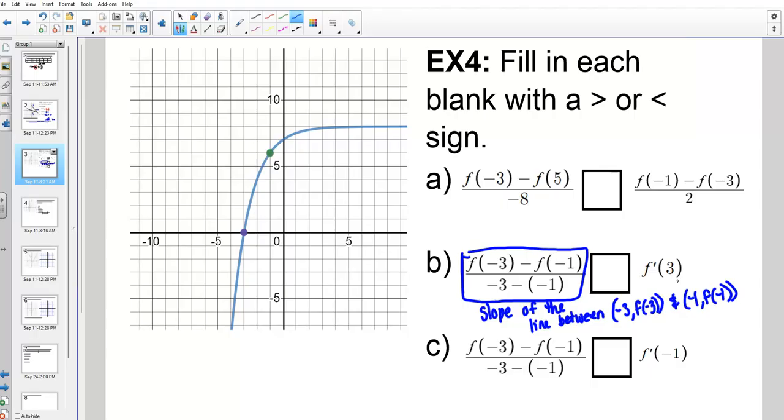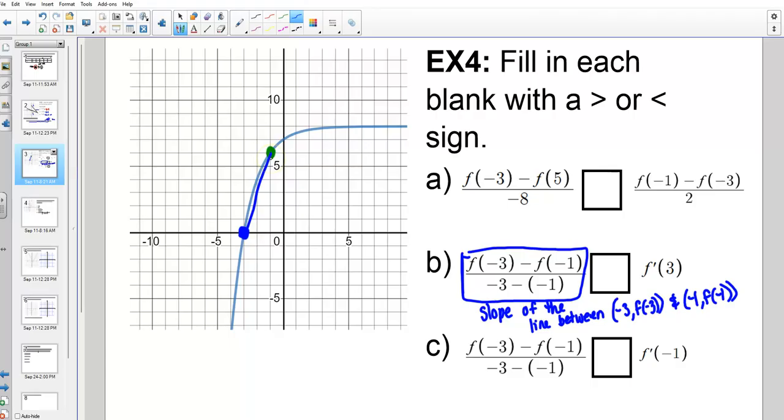So it is the slope of the line between negative 3, x equals negative 3 right here, that purple dot that I've just colored over in blue so it's not purple anymore, and this green dot up here where x equals negative 1. So what we're finding right here is the slope of that line.